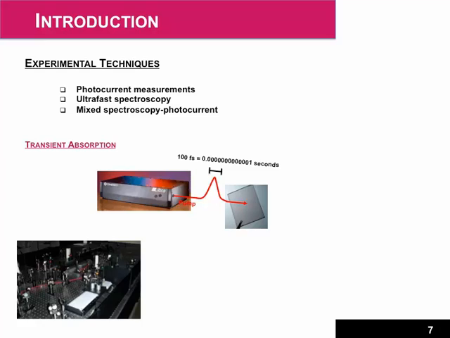They are lasers which bundle the light into extremely short pulses of the order of 100 femtoseconds. 100 femtoseconds is really an extremely short time, so you see it here expressed in seconds.